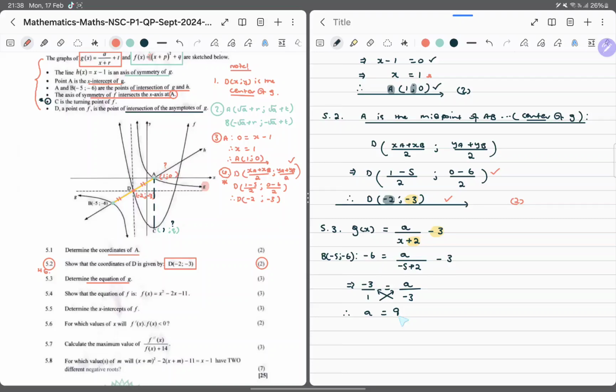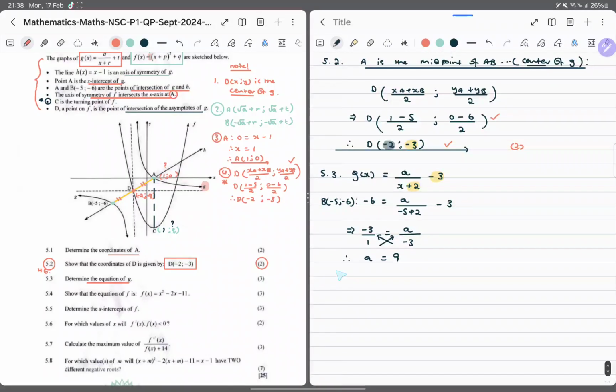Nice and easy. So therefore we know that G of x is going to be 9 over x plus 2, minus 3. So that's a very easy question to handle as well.